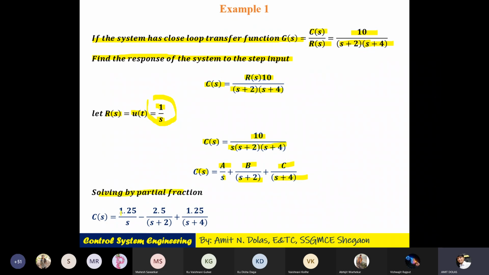Solving by partial fraction, it will be 1.25. The middle steps you have to solve; I have directly used the final step. We already did this in an earlier unit. So 1.25 divided by S minus 2.5 divided by (S plus 2) plus 1.25 divided by (S plus 4). So I got the A, B, C values.